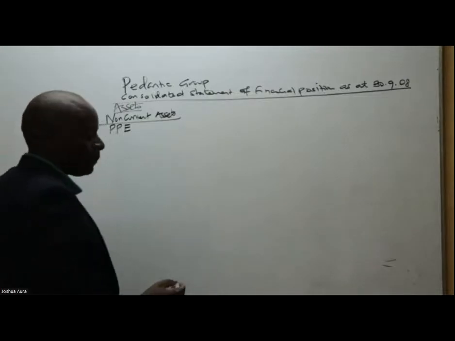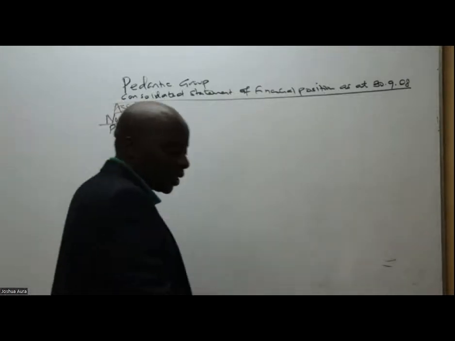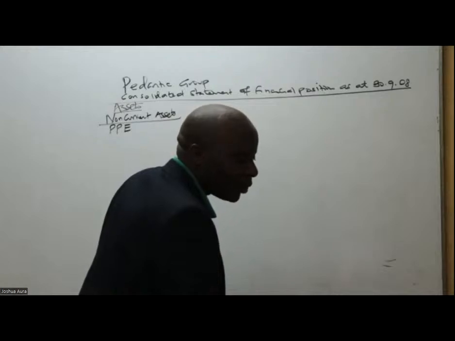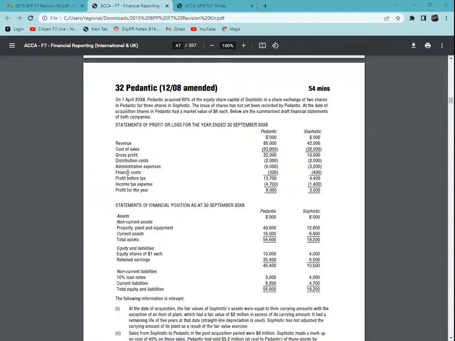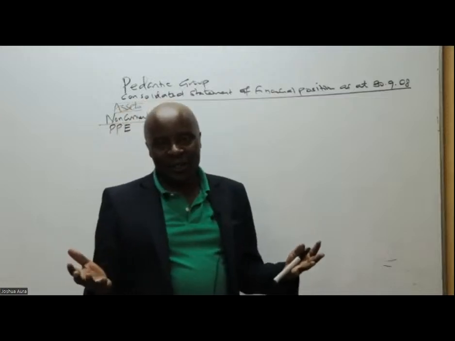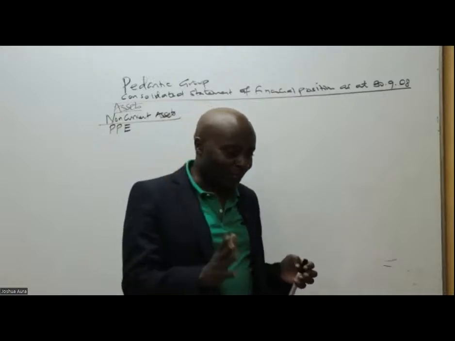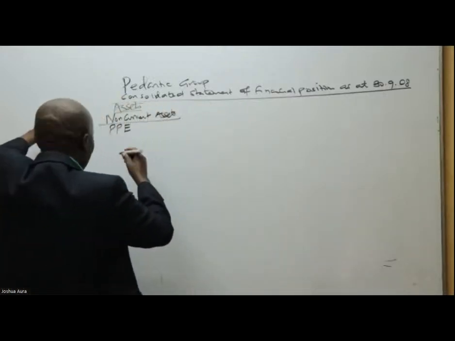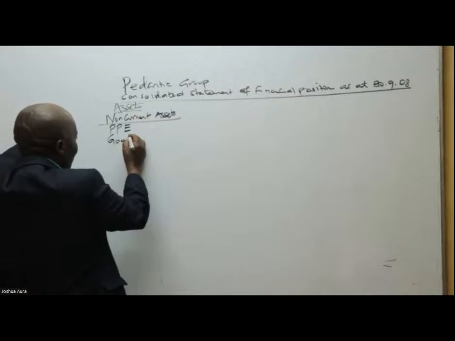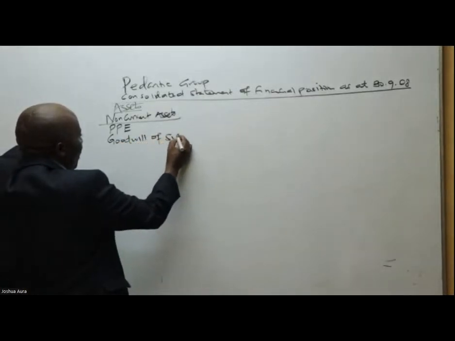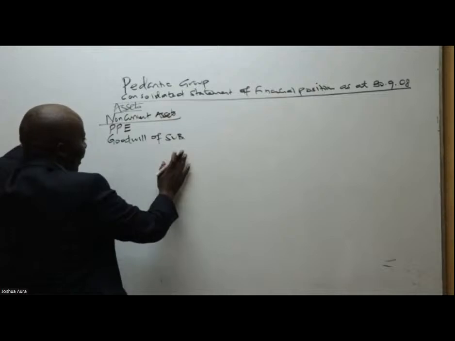Under non-current assets, even if I'm not told, so long as I've got subsidiaries, of course, I must create some provision of goodwill for my subsidiaries. Anytime you've got subsidiaries, you must, as a non-current asset, give us your goodwill. Goodwill of subs. You don't write in full goodwill of subs like that.